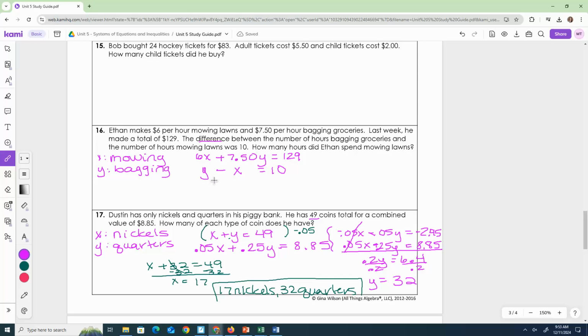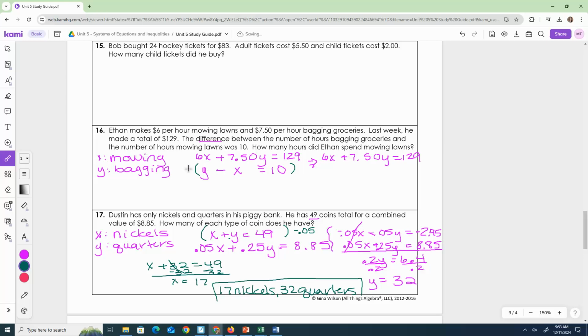This is written a little bit weird because if you're going to do elimination, your variables don't quite line up. We can certainly fix that, so that's probably what made this one a little bit harder. We have 6x plus 7.50y equals 129. This one, if I want my x to cancel, this is a positive 6 and this is a negative 1. So what would I have to multiply this equation by?